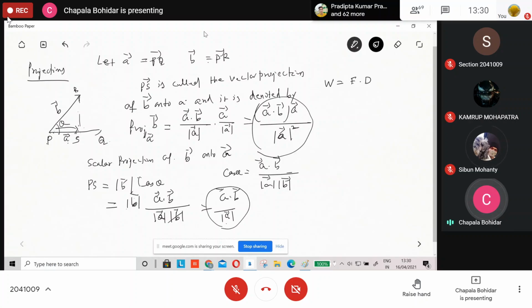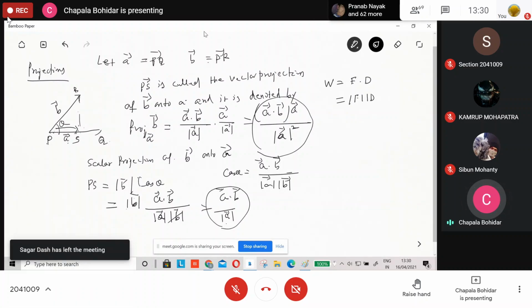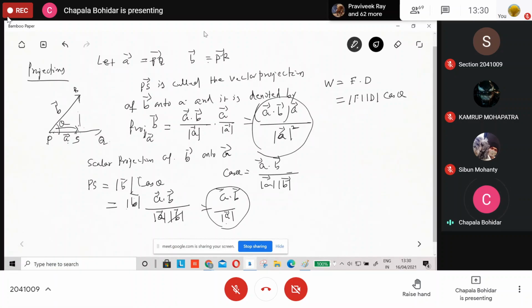That I can write as absolute value of F, absolute value of D, cos theta. Theta is the angle between force and distance.